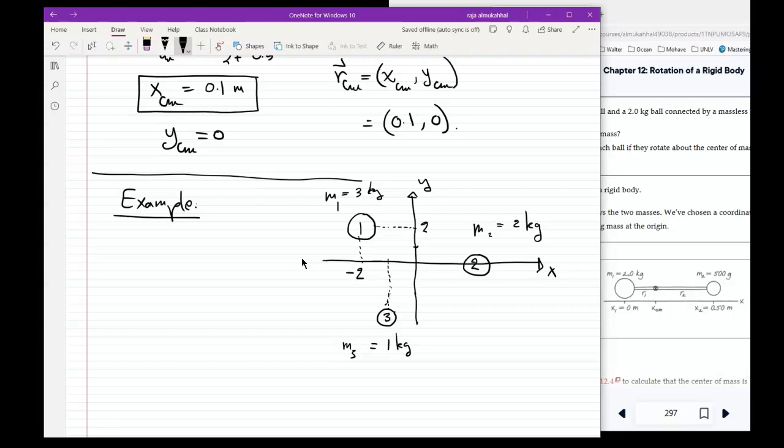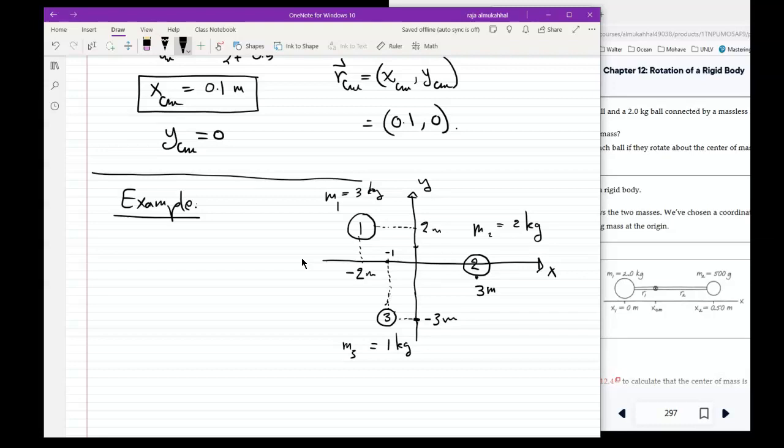And let's suppose that M3 is at -3 and -1 right here. And let's suppose that mass 2 is located at, say, 3 meters, okay? All meters here. I hope all of this is clear.